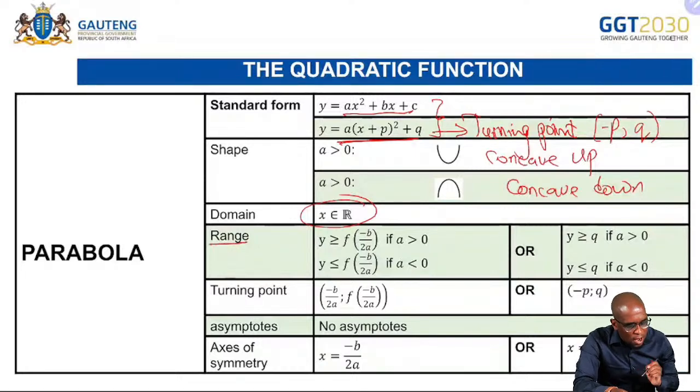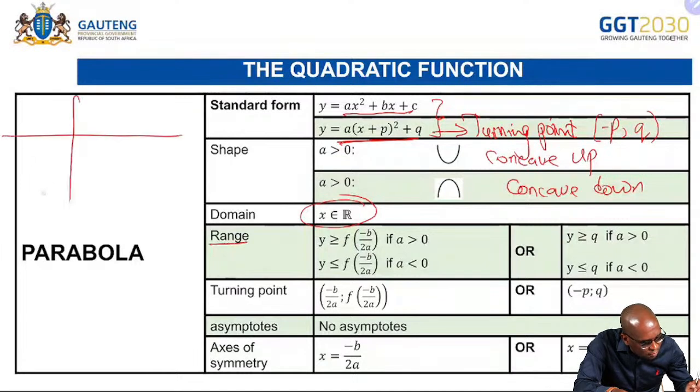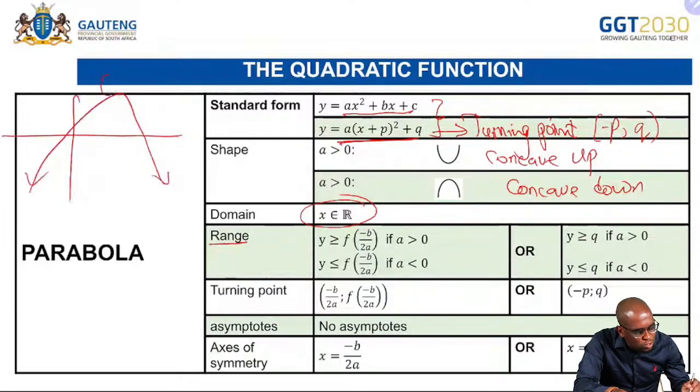But the range now depends on whether the graph is concave up or concave down. Suppose, for argument's sake, that you have this graph which is concave down, like that. We know that this would represent the turning point, and this would be your axis of symmetry. Suppose that the turning point is given by (2; 8).